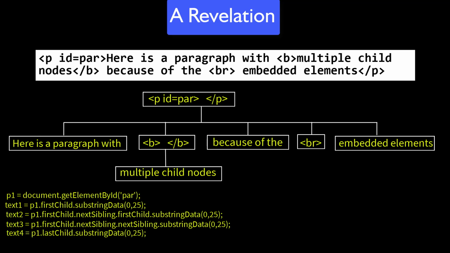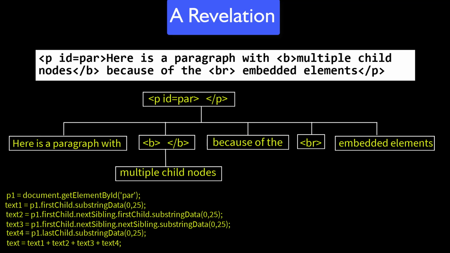And text4 = p1.lastChild.substringData(0,25). Finally, text = text1 + text2 + text3 + text4. So that's what it would take.